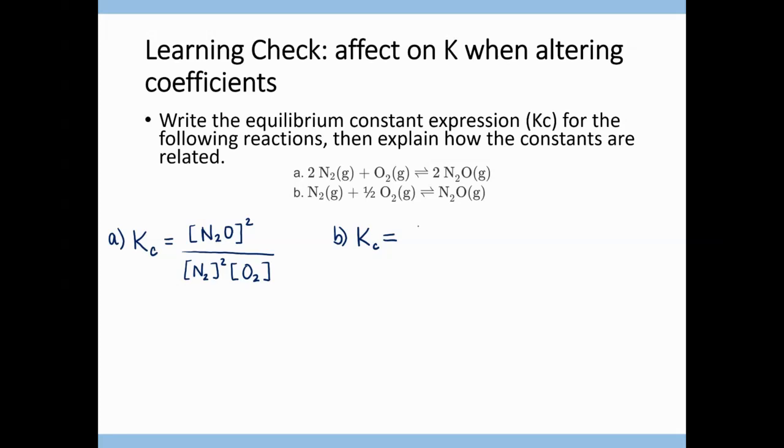For reaction B, we have N2O in the numerator without an exponent because in reaction B, its coefficient is 1. N2, again without exponent, and then O2, exponent is 1/2.